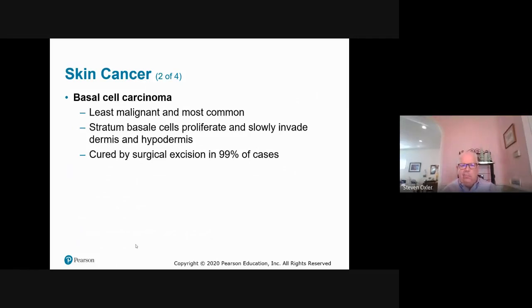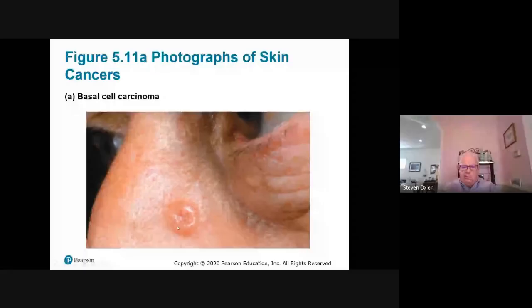It is easily cured by surgical removal. The least malignant and the most common. Here is a basal cell carcinoma of the nose. Notice that it's on the nose, more susceptible to UV radiation.